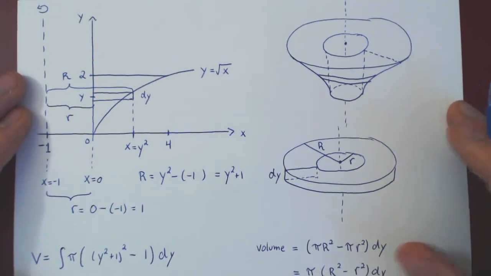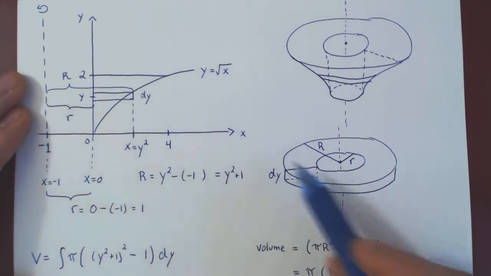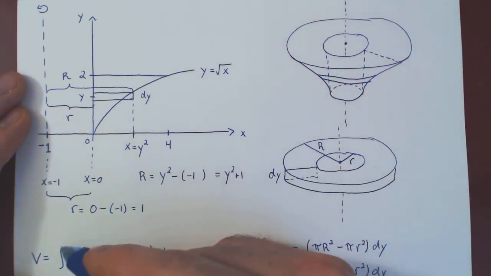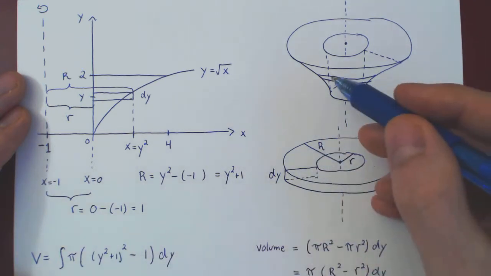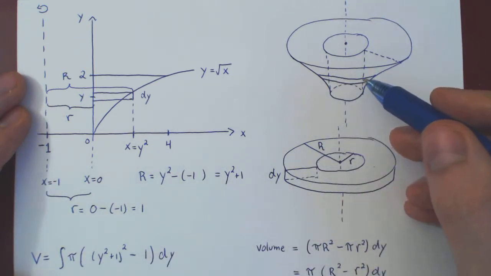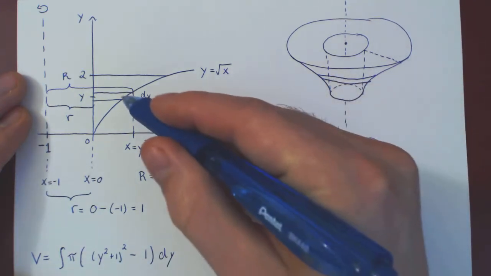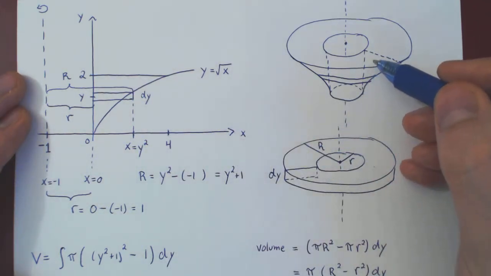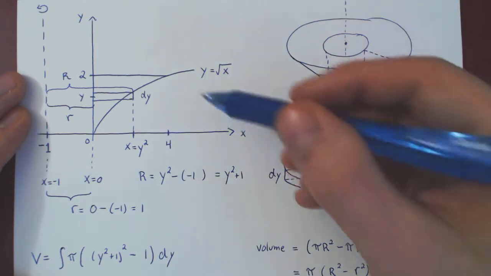Well, again, the little rectangles generate the washers, so if you go backwards, we need to sum the volume of our little washers within the full solid, but they are generated by the rectangles, so the washers begin where the rectangles begin, and they end where the rectangles end.